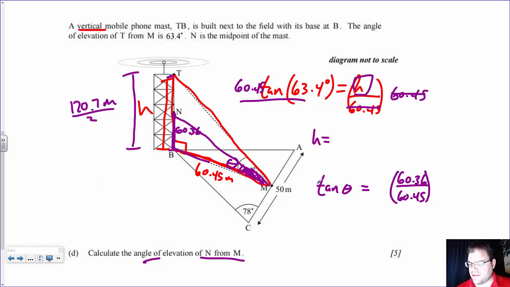So I'm going to get rid of this tangent on this theta by taking the tangent inverse of both sides. So this tangent inverse and this tangent will kind of go away. That's how it works. We have a theta now that's equal to the tangent inverse of this. So this is going to give me my answer for the angle of elevation here. So it's going to be the tangent inverse of 60.36 divided by 60.45.